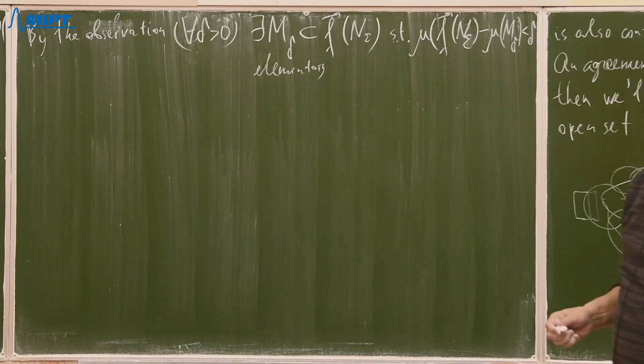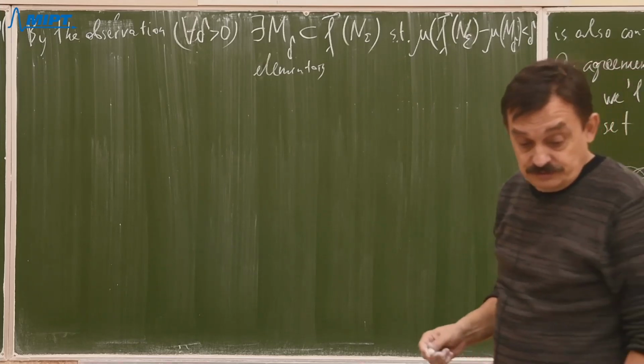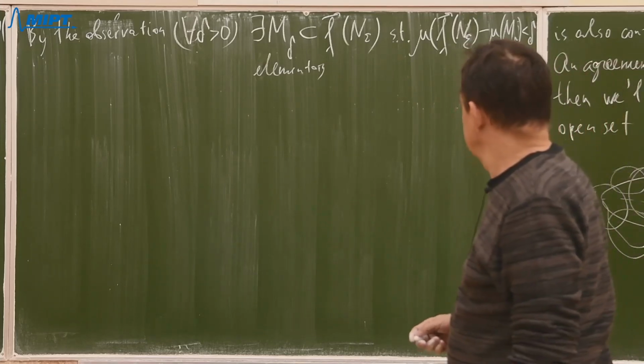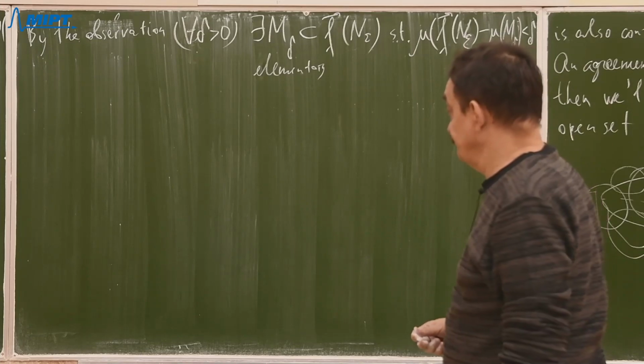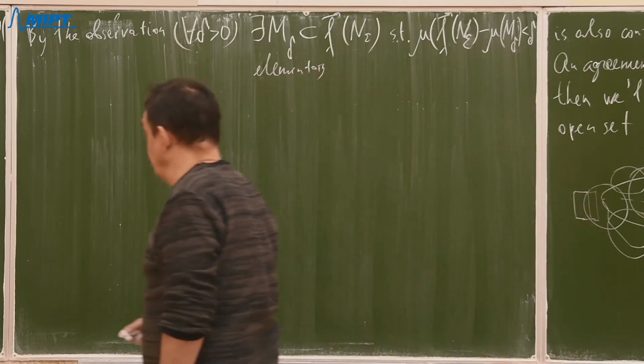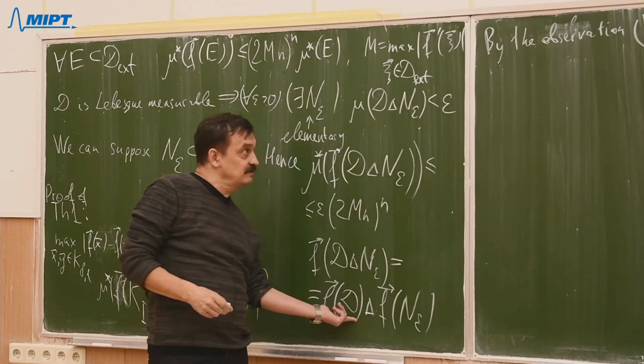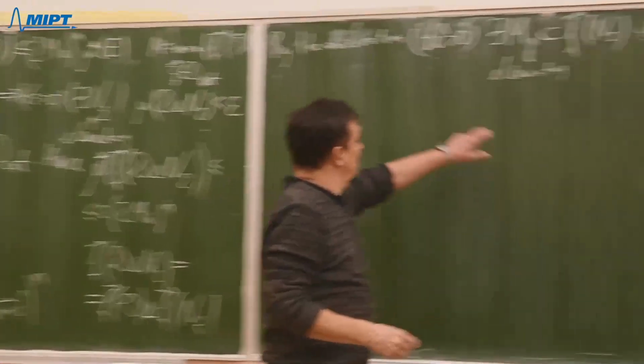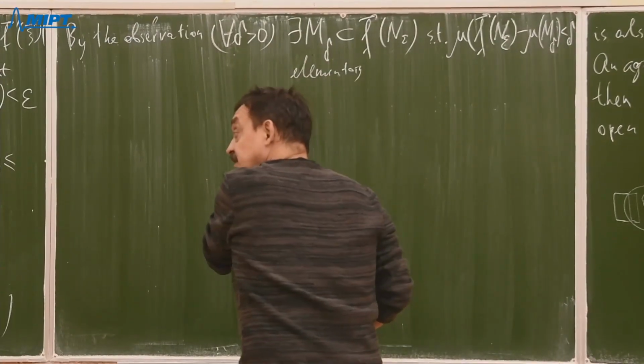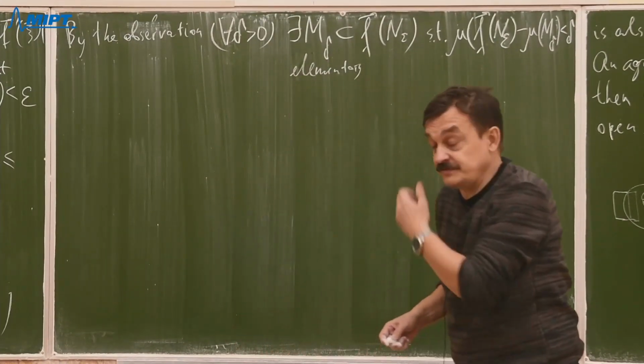Now what I want to consider, in fact, I want to look at the approximation of our f of D by this elementary set capital M delta. Approximation in the sense of symmetric difference.